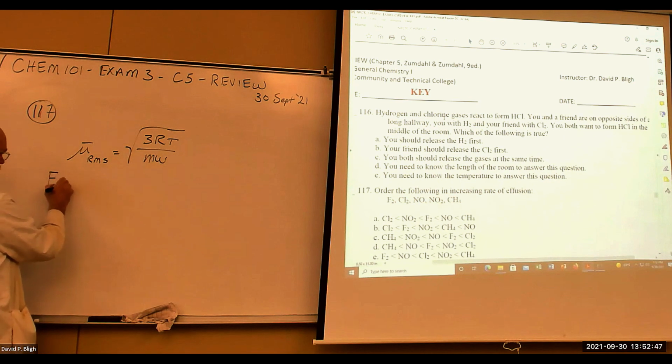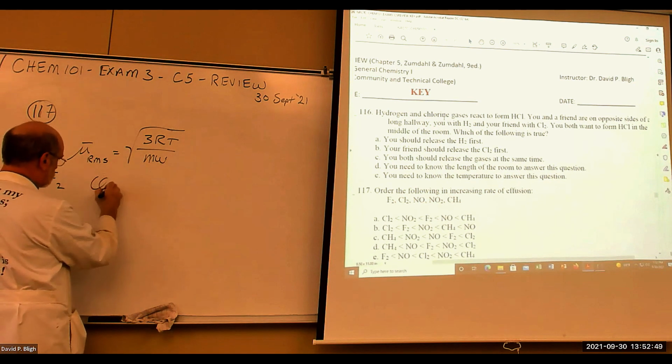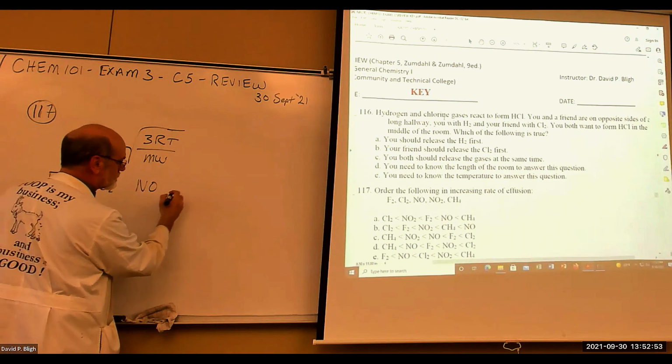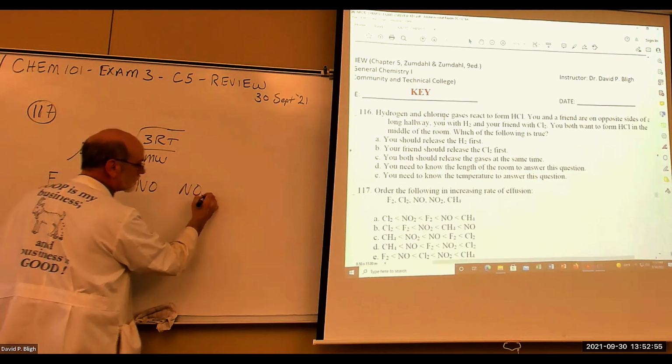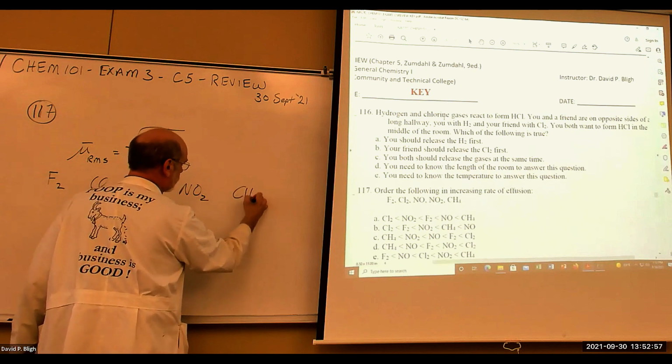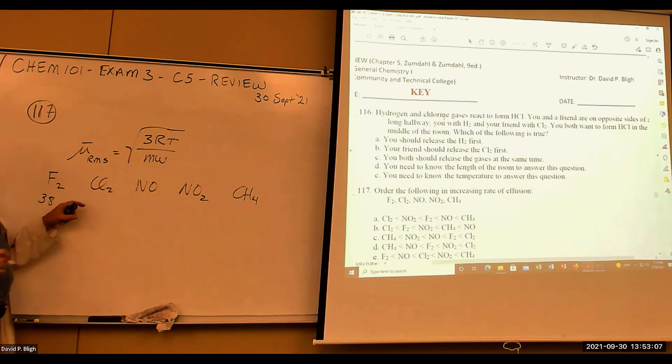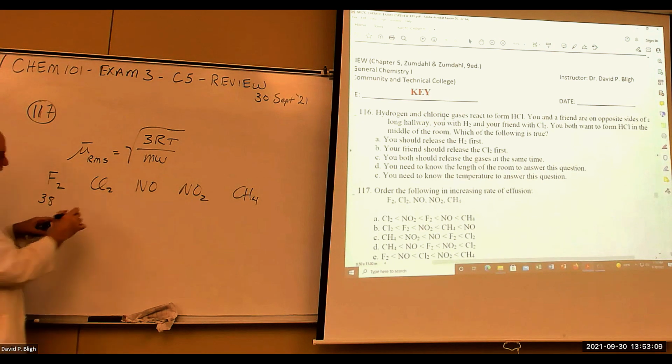Chlorine, chlorine, nitrogen monoxide, nitrogen dioxide, and methane. So we probably don't need to be exact. Fluorine's what? I think it's 19 each, so that's 38. Chlorine's 35.45. Two of those is about 70.